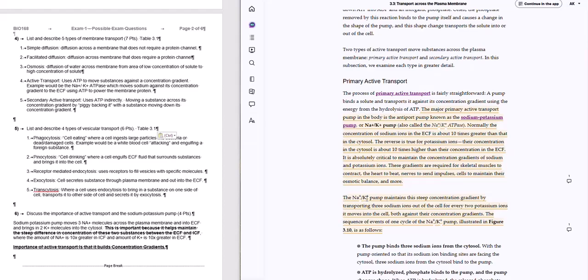So the steep concentration gradient created by the sodium potassium pump is essential to body functioning. This is important because it helps maintain a steep difference in concentration of these 2 substances, which is critical in the heart pumping, the muscles contracting, the nerves sending impulses. So it is very important to bodily function that we maintain that concentration gradient that is built by the sodium-potassium pump, which is a form of active transport.